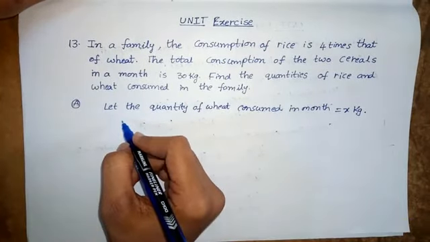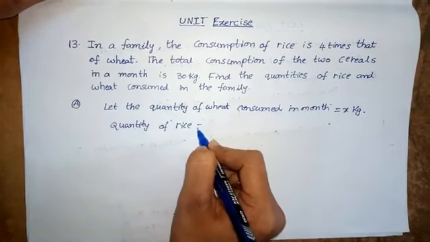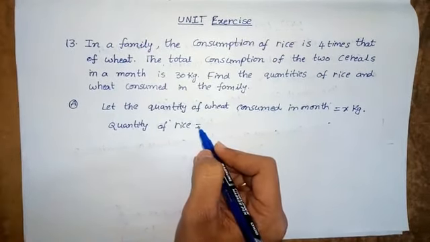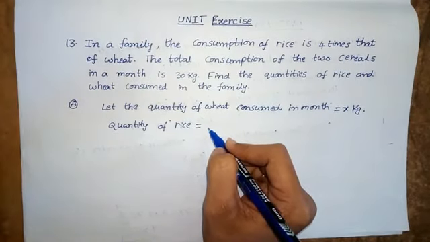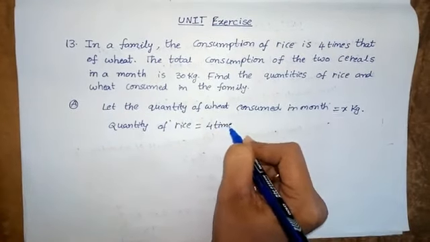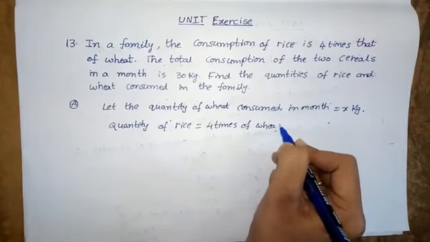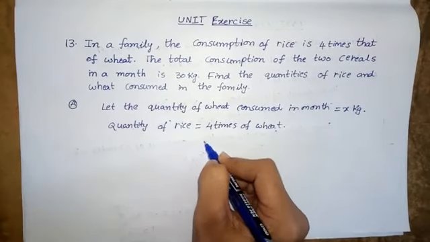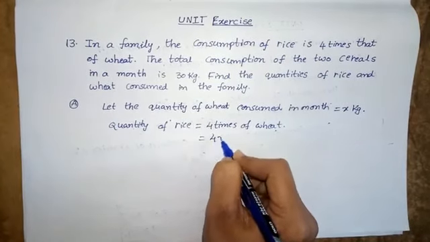So next, the quantity of rice is, as given in the problem, 4 times that of wheat. So 4 times wheat, where the wheat consumption is x, so 4 into x, 4x.